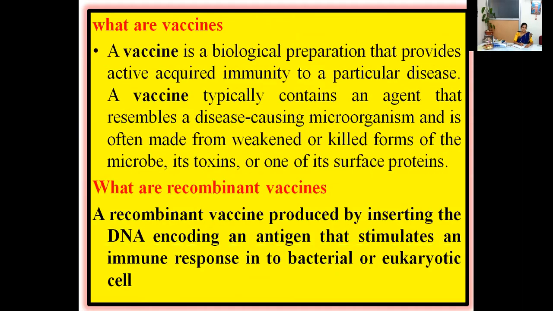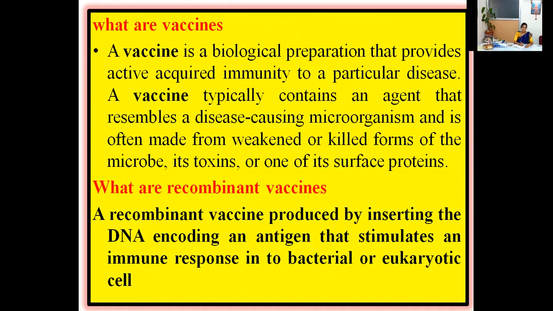What are vaccines? A vaccine is a biological preparation that provides active acquired immunity to a particular disease. A vaccine typically contains an agent that resembles a disease-causing microorganism and is often made from weakened or killed forms of the microbe.